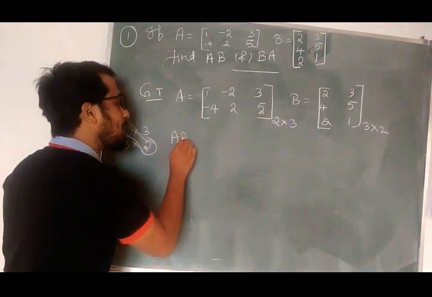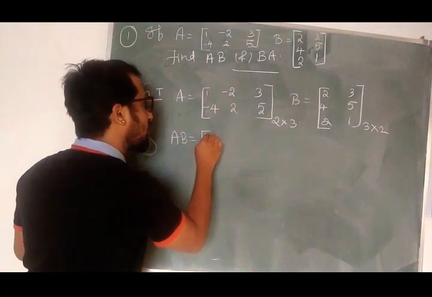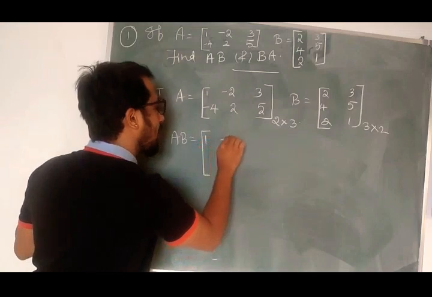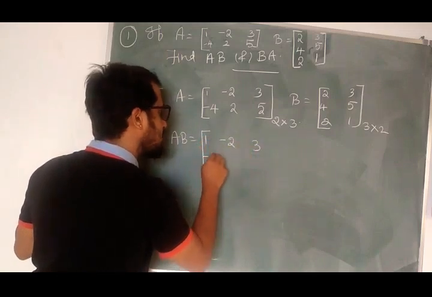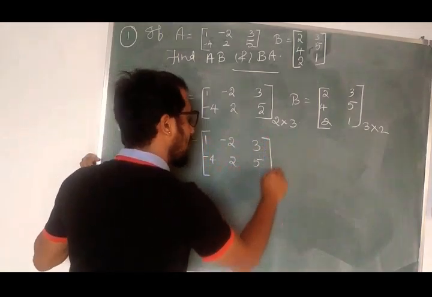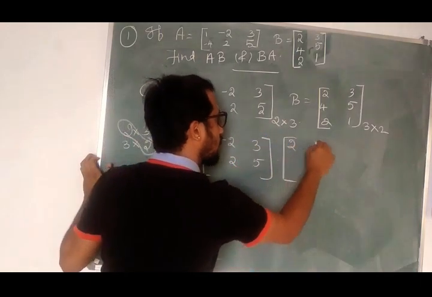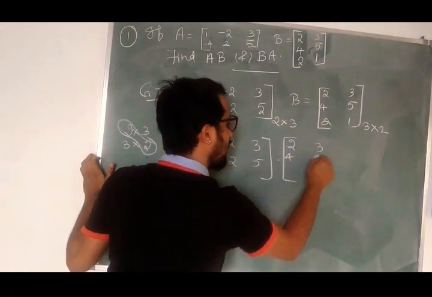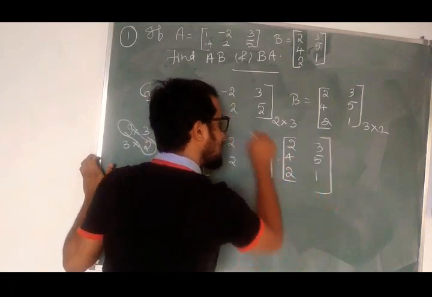So, to find AB, multiplication of the two matrices [1, -2, 3; -4, 2, 5] and B, [2, 3; 4, 5; 2, 1].